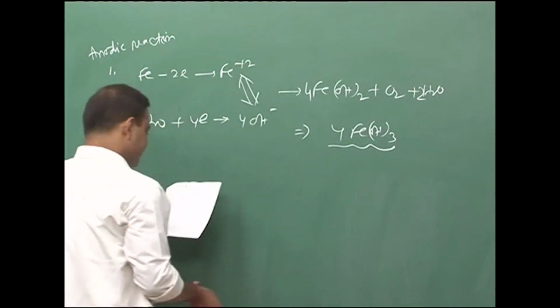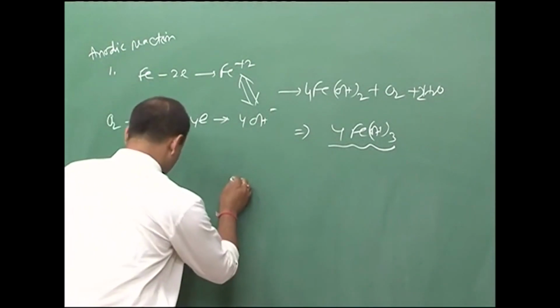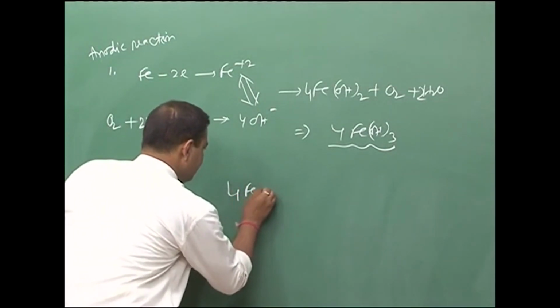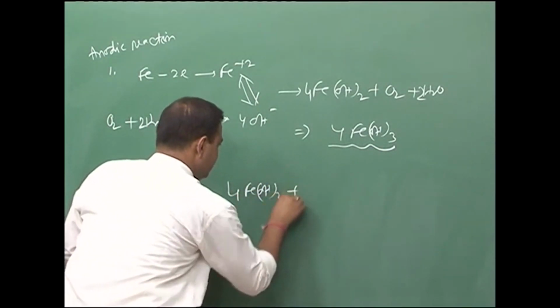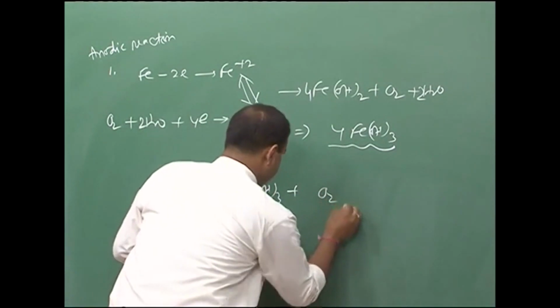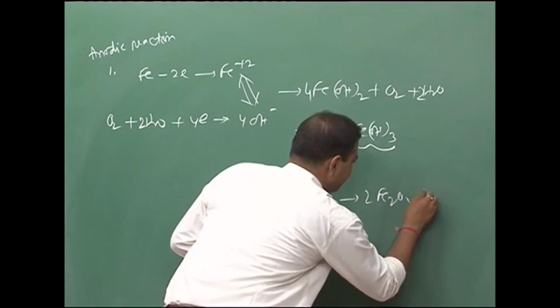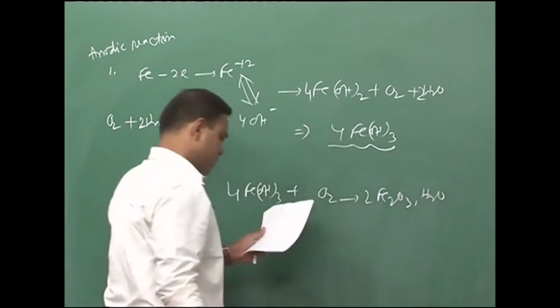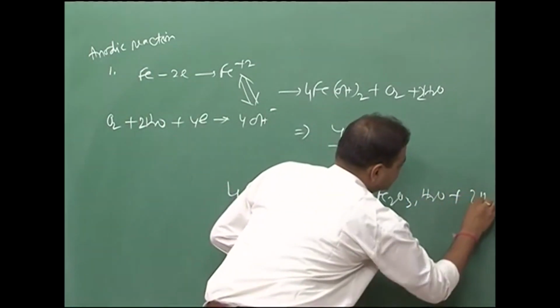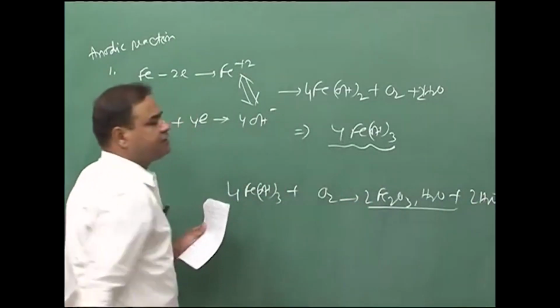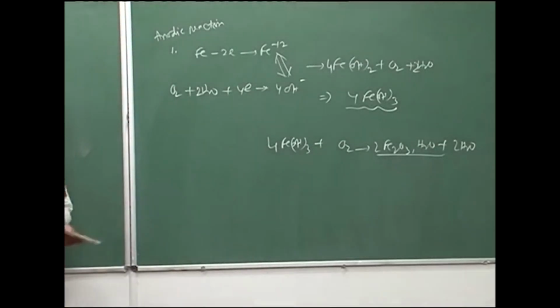Even we can directly get hydrated Fe2O3: 4Fe(OH)3 further reacts with oxygen and goes to 2Fe2O3.H2O plus 2H2O. This is nothing but the red rust we see on structural steel.